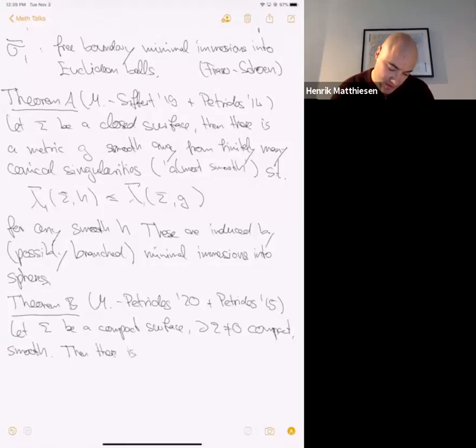So then there is g, which is smooth. In this case, I don't have these conical singularities. Smooth, such that if you look at the scale invariant quantity and I look at this for any competitor, then I'm at most the value at g. Okay.